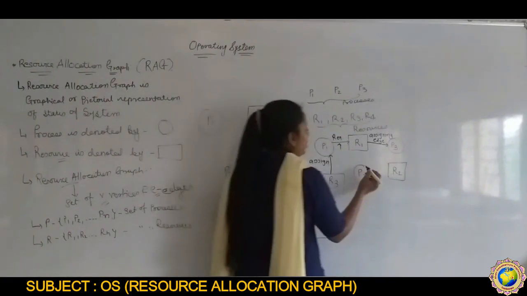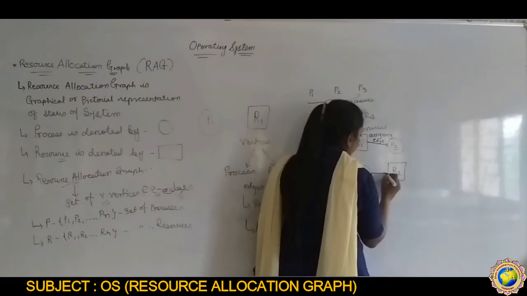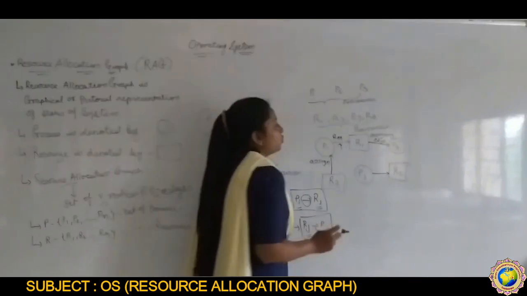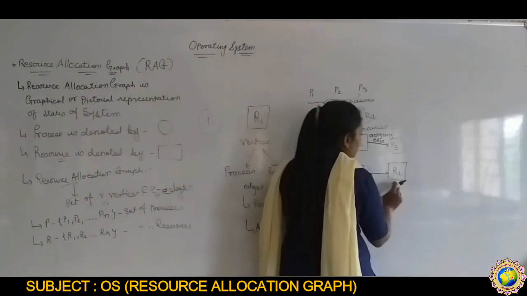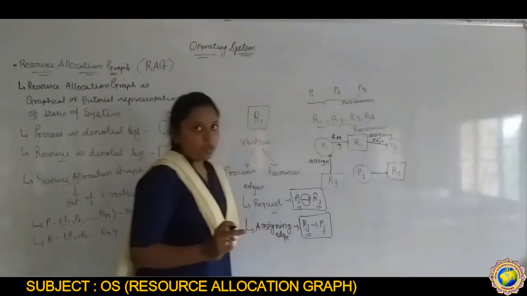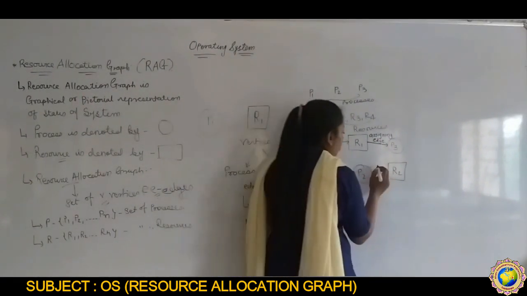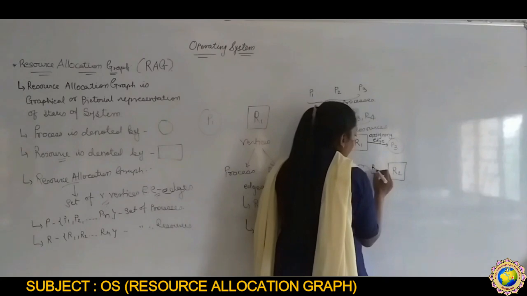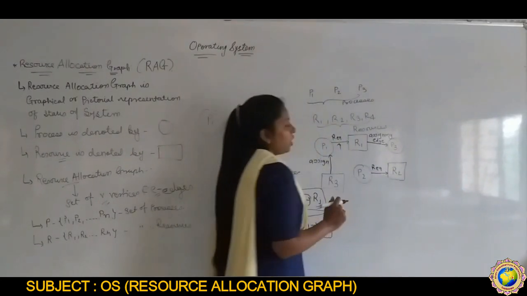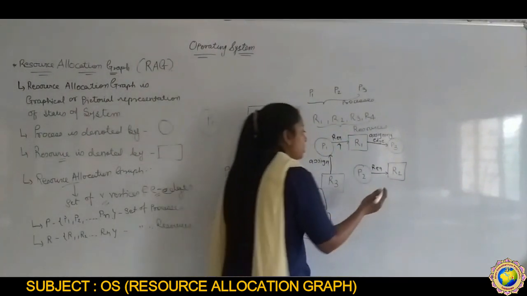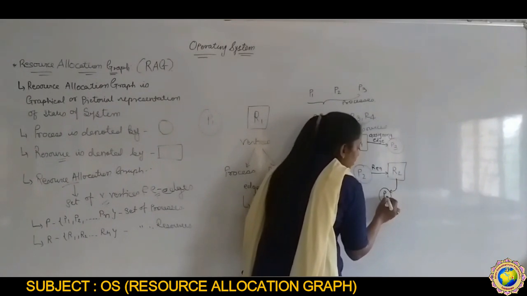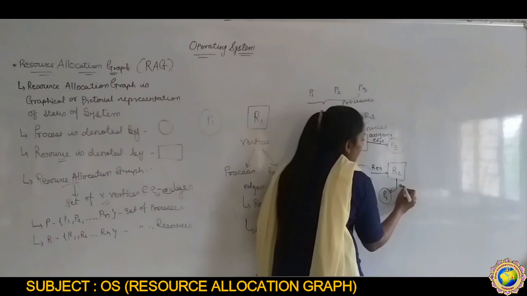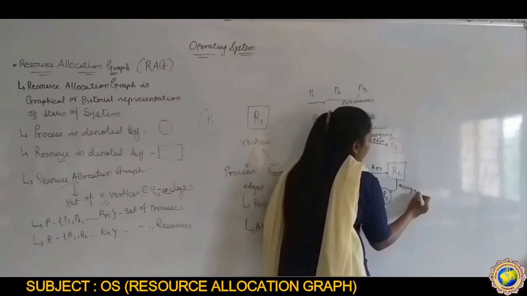And P2 process requests R2, so this is called a request edge. But if R2 were allocated to any other process, then this would be called an assigning edge.